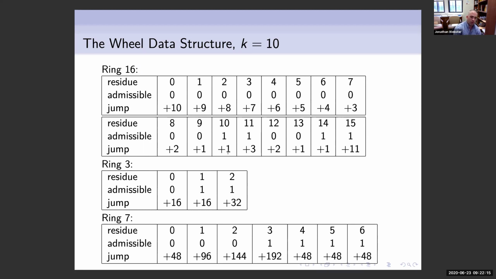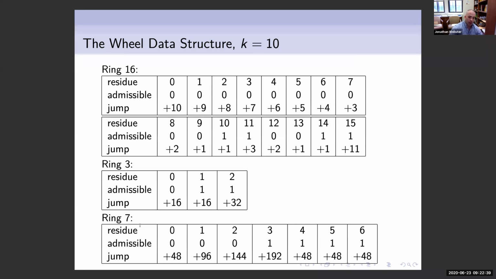It's fairly straightforward. Then at the next layer, in order to preserve the congruence mod 16, but to find the next admissible congruence modulo 3, you just need to compute the appropriate multiple of 16 to add. Likewise, the next layer of the wheel is the congruence mod 7.